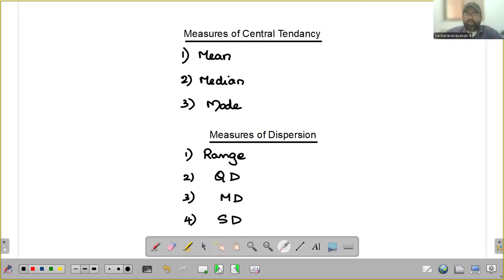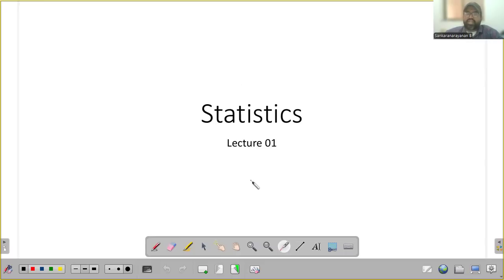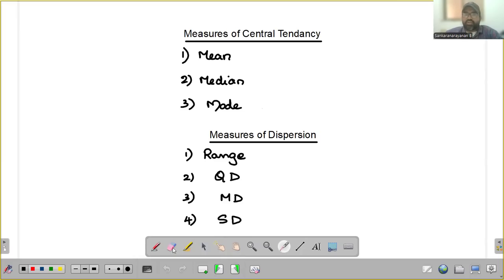So this entire chapter related to statistics has two parts. The first part is the measures of central tendency. The second part is the measures of dispersion. Under measures of central tendency, we will have 3 points: mean, median, and mode. Under measures of dispersion, we will be talking about range, quartile deviation, mean deviation, and standard deviation.